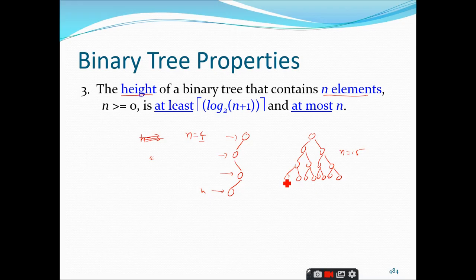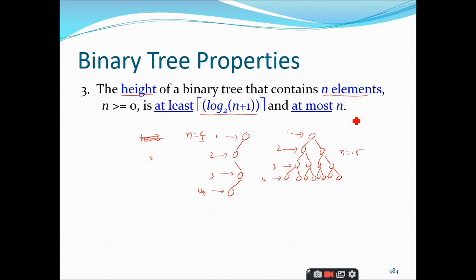Again 3, right? So here, as I told, he has numbered the levels as 1, 2, 3, 4 like this. So if I take the root level at 1, what is the height here? 4, right?